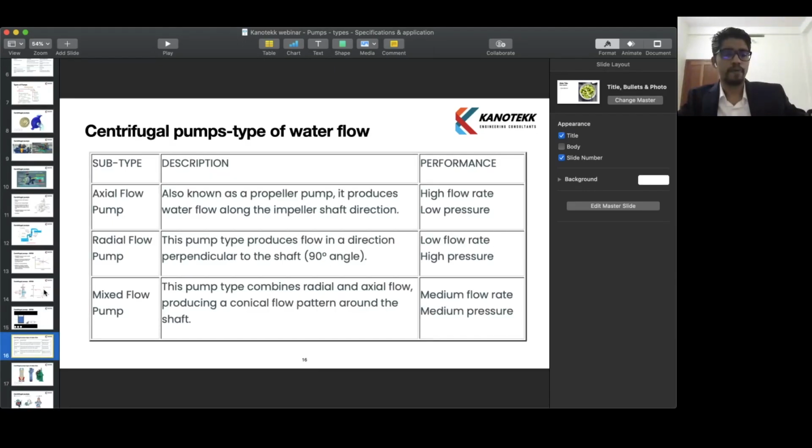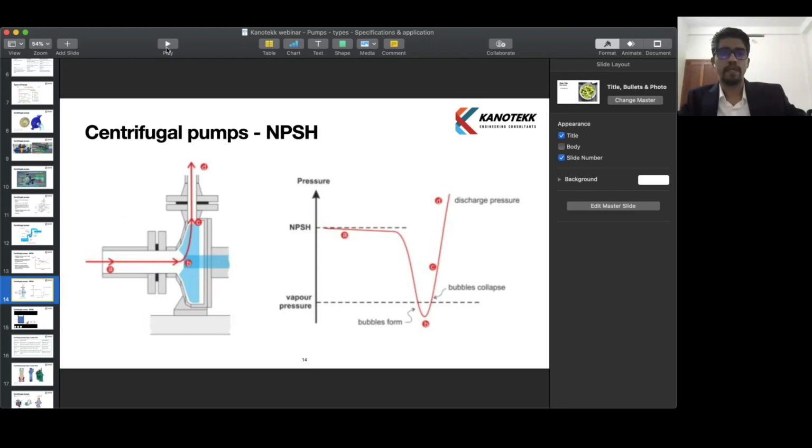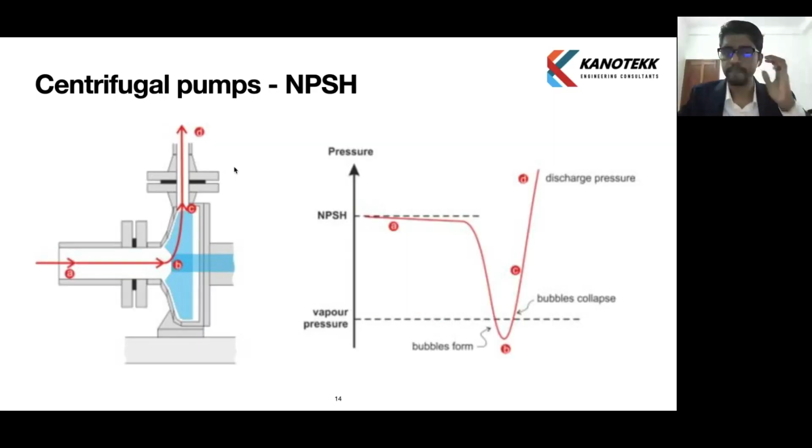Okay, before going to the next slide, we will just describe what cavitation is. See, if you take water in a glass or in a bowl, there is an atmospheric pressure acting on the water. So there is one atmosphere, 1 bar. We tell it as 1 bar. In this atmospheric pressure, we tell the boiling point of water as 100 degrees Celsius.